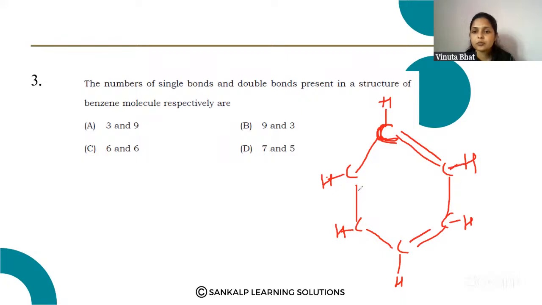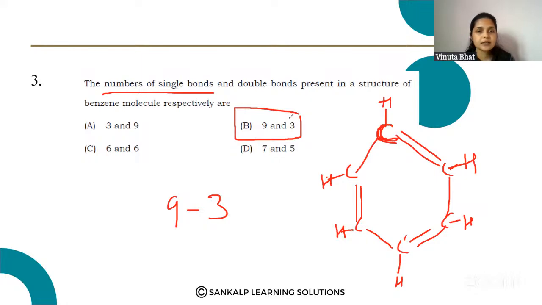Total 4 bonds on each carbon. So this is the structure of benzene. How many double bonds and how many single bonds? The number of single bonds: hydrogen 6 bonds plus 3 between carbons, total 9 single bonds and 3 double bonds. So option B, 9 single bonds and 3 double bonds, is the correct answer. Please check it once again.